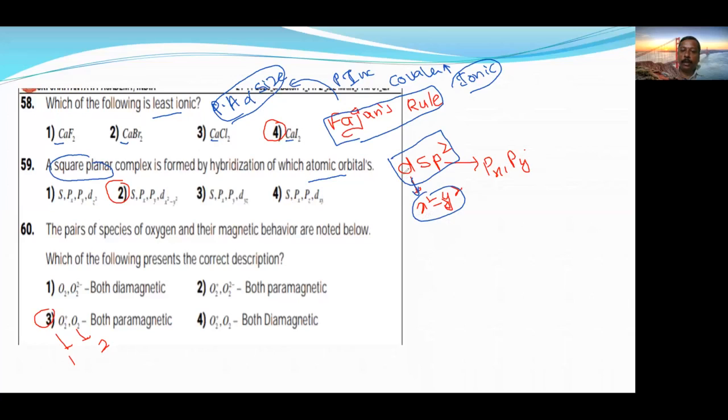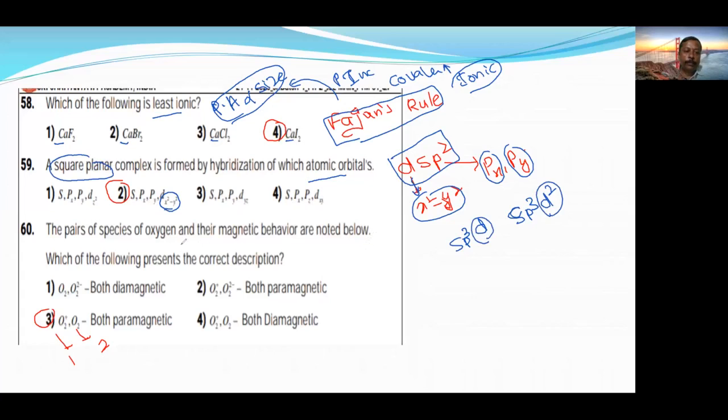Whenever it is dsp2, the d orbital used will be dx square minus y square, and there is no problem with px and py. Why this is so, and what the orbitals will be in sp3d and sp3d2, is also explained in the VSEPR theory and hybridization video lecture.